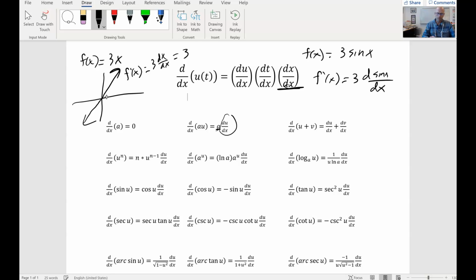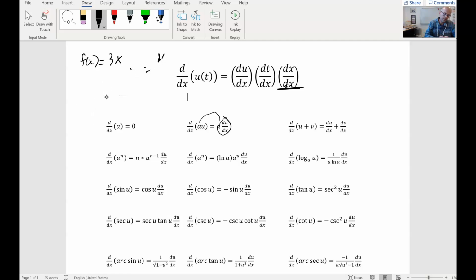Right? So that's what that means there. In other words, the constant just kind of goes along for the ride. So you can see that this du/dx would be this part in the case of this function. So when you have a number multiplied out front, it just stays there, and you take the derivative of the rest of the stuff it's being multiplied by.